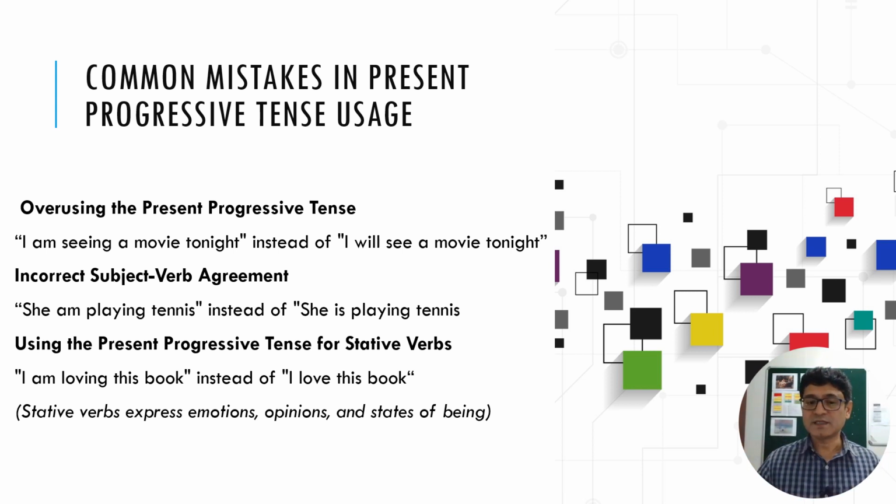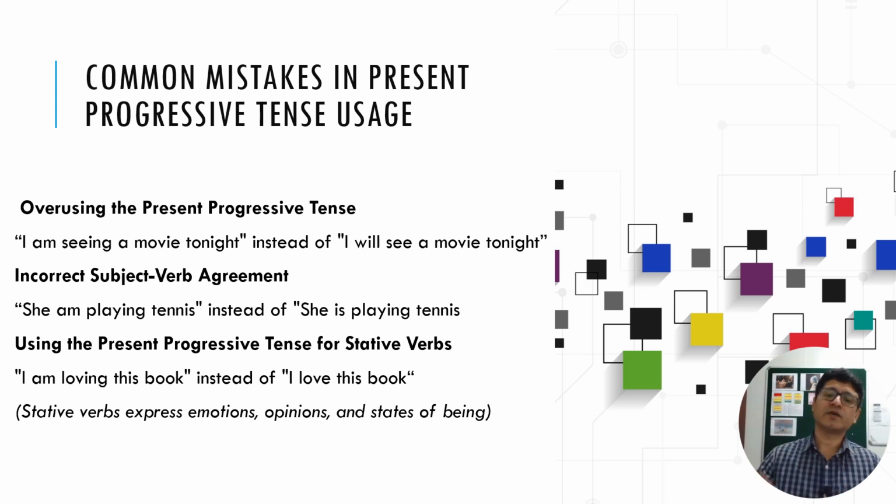Maybe they bought the ticket, or maybe they have already set up the TV for that. But when you say I will see a movie tonight, it means that's just a plan, just an idea, but it's not definite and you haven't made any arrangements for that. So you need to understand what is the suitable situation and then use the tense accordingly.